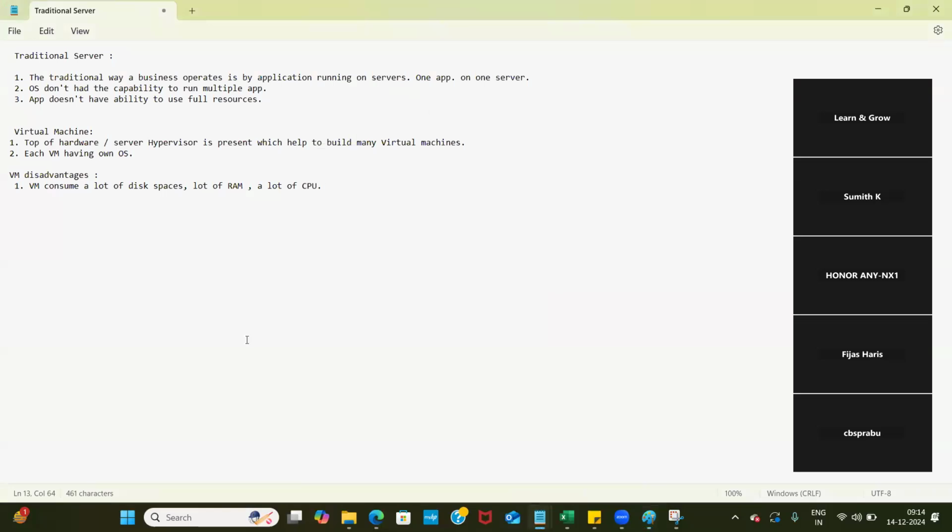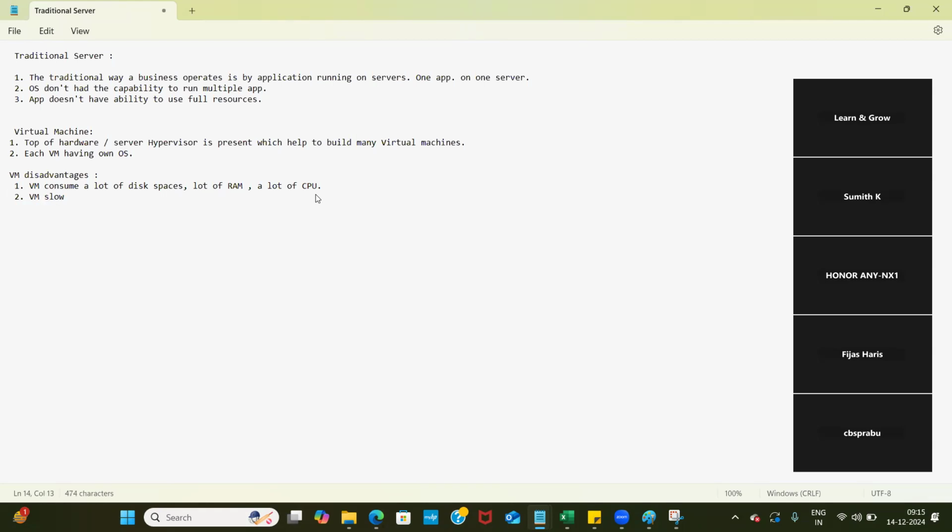That is why a VM consumes a lot of disk space, RAM, and CPU. These are the extras. Why? The operating system is consuming this. We need to remove this part, and surely it will be removed, with the help of the container that will come.